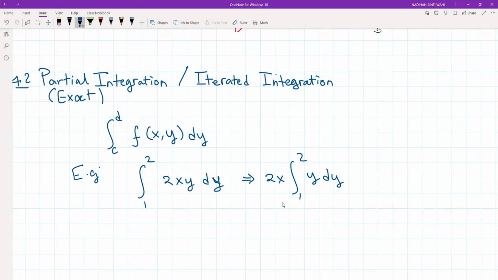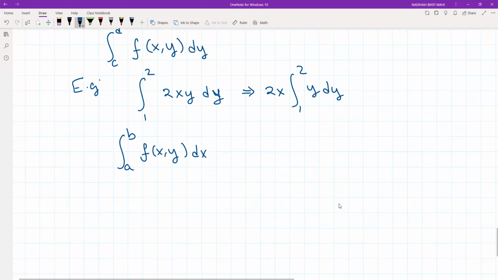Same thing, for example, if you want to integrate from A to B, f(x,y) dx, so x runs from A to B, you integrate dx and y keep it as constant.